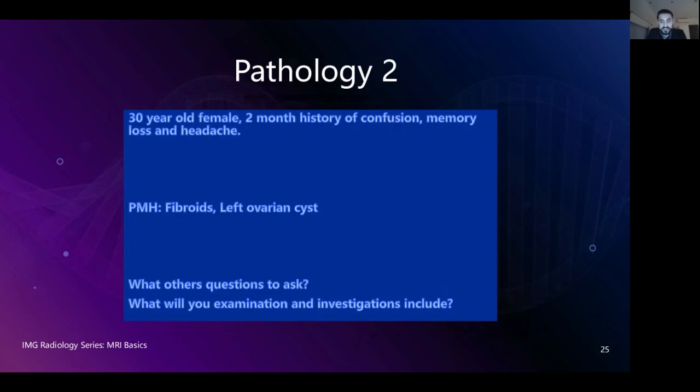Any other guesses as to what might be causing it? Meningioma, great. Okay. So you do an examination and you find that she presents with hyperreflexia, and she's got some slightly abnormal cerebellar signs as well. What do you think might be going on here?